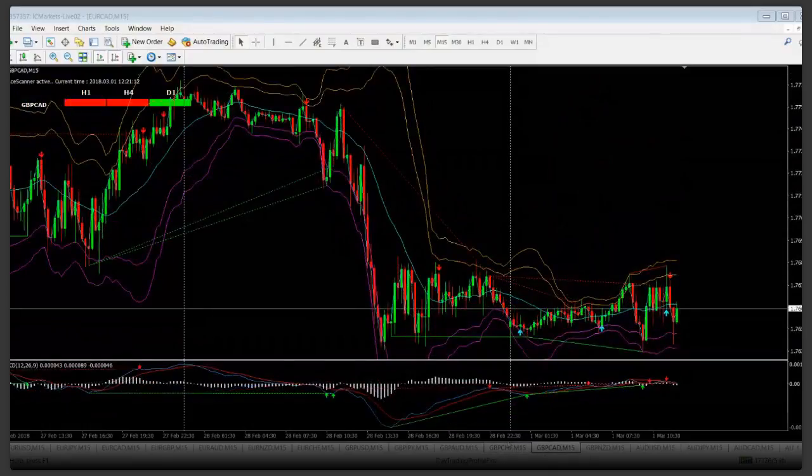And again, I don't look to take every trade. I just look to take the highest probability trades.